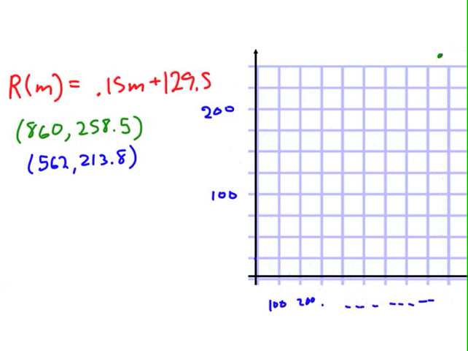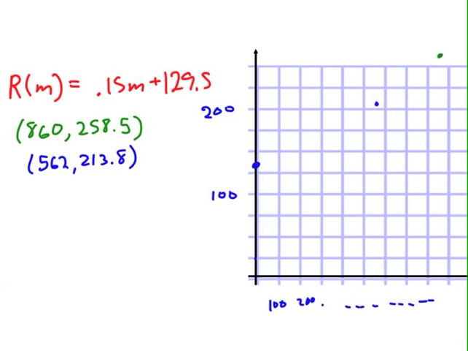And then we're going to do this guy right here, 562, 213. So 213 is going to be about right here. And then we also know that if we go 0 miles, we're going to be spending 129.5. So that is going to be about right here.